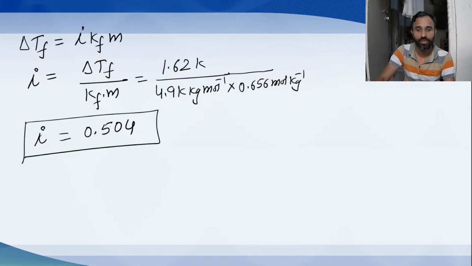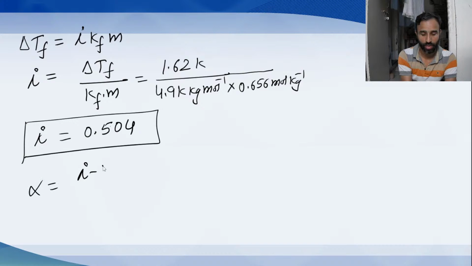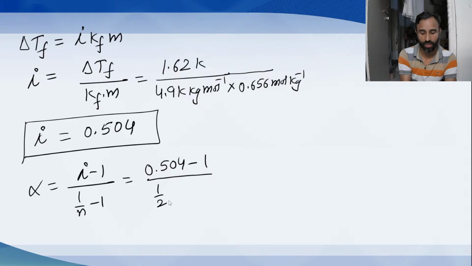Alpha. Just use the formula. Alpha equal to i minus 1 upon 1 by n minus 1. 0.504 minus 1, upon 1 by 2 minus 1, into 100 because you have to calculate percentage.